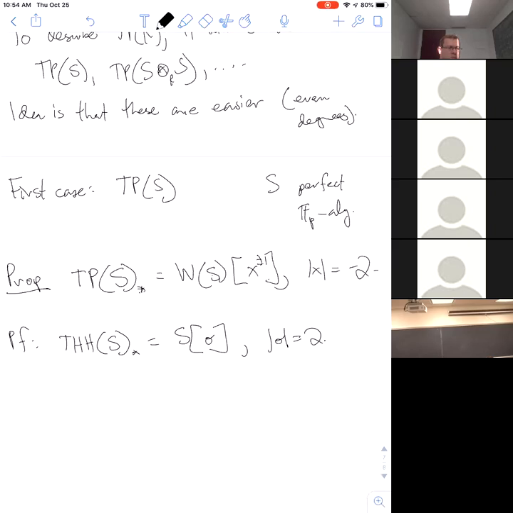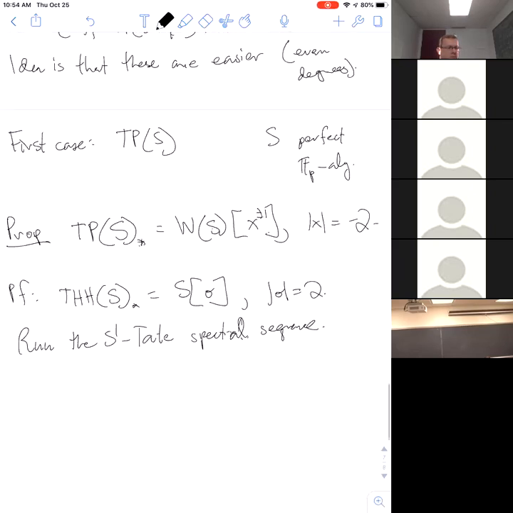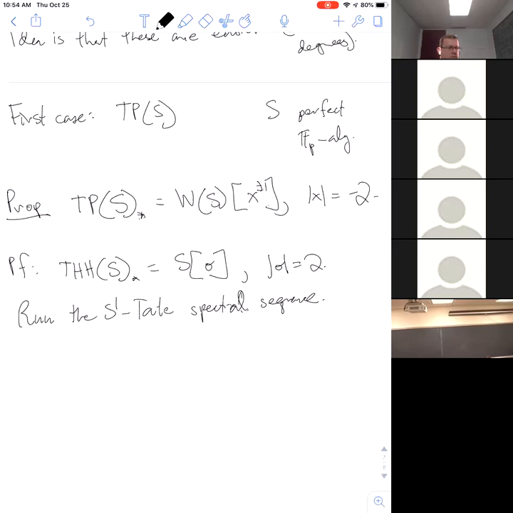But it's true. And then you have the analog of Bökstedt's theorem, and now you run the S^1 Tate spectral sequence. There's no room for differentials.